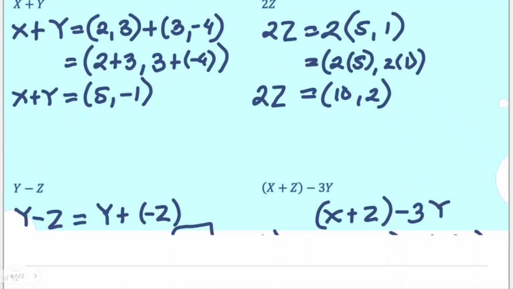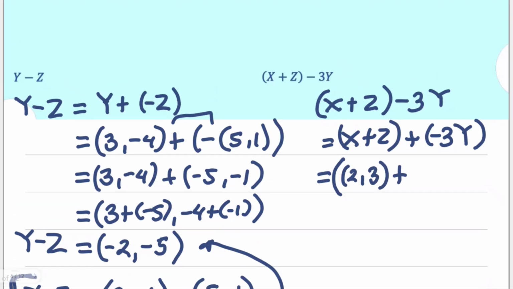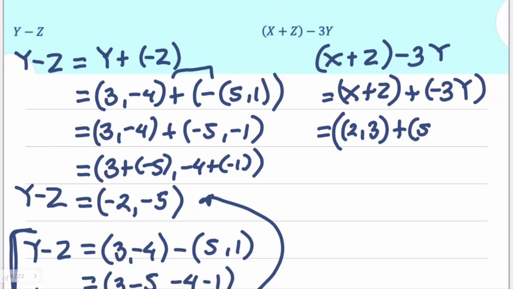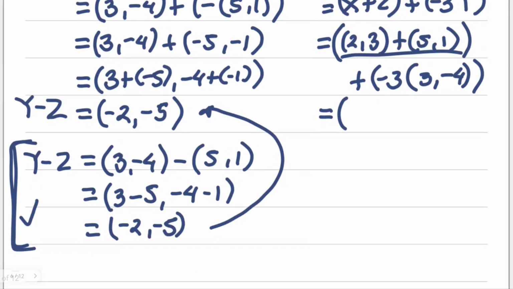X is 2 and 3. So you have 2, 3, plus your z, which is 5 and 1. Plus, again I'm using plus, negative 3 times your y, which is 3 and negative 4. Now, step by step, adding these two: 2 plus 5, pardon if this seems very long, but I would like to do this. So I can remove this one open parenthesis here, and that's okay.